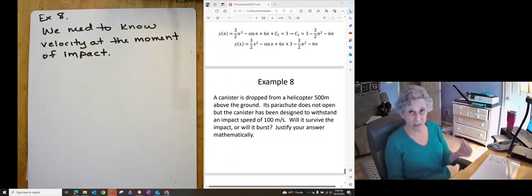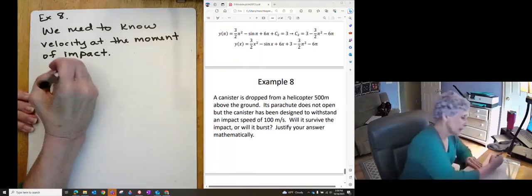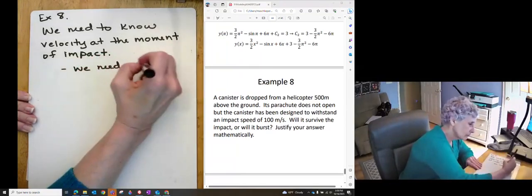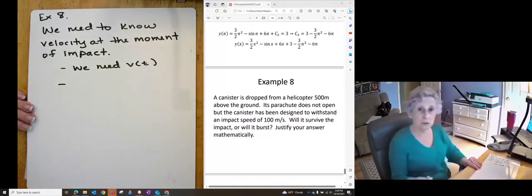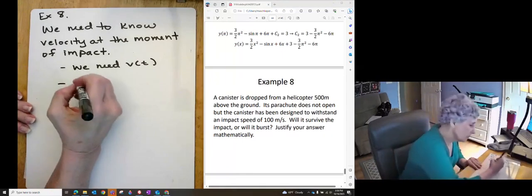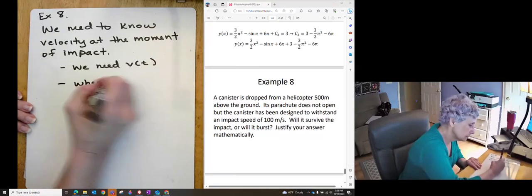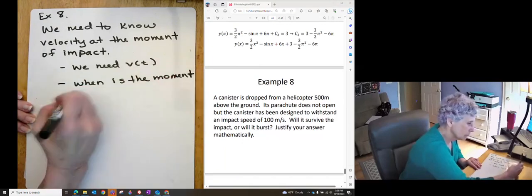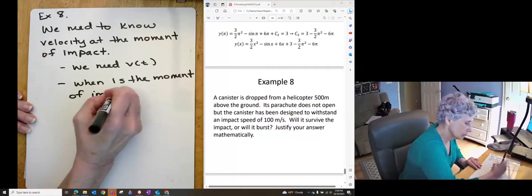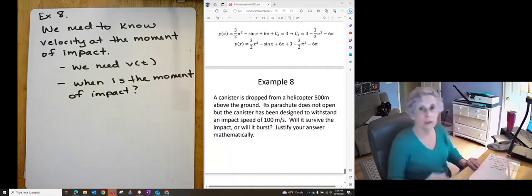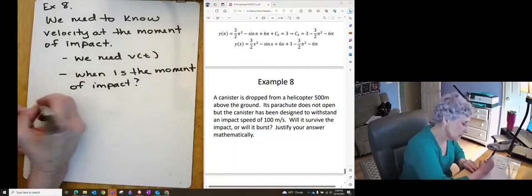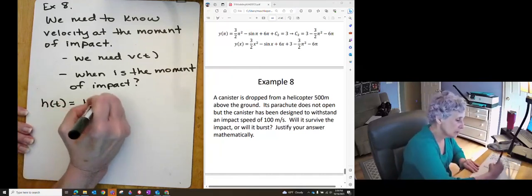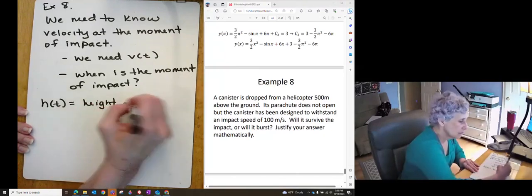Well, in order to find that, we're going to need 1, a velocity function, and 2, we need to know when the moment of impact is. So we need some function, and let's name it h of t, which is equal to the height of the canister.